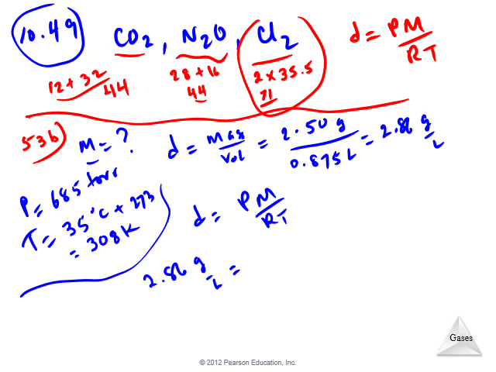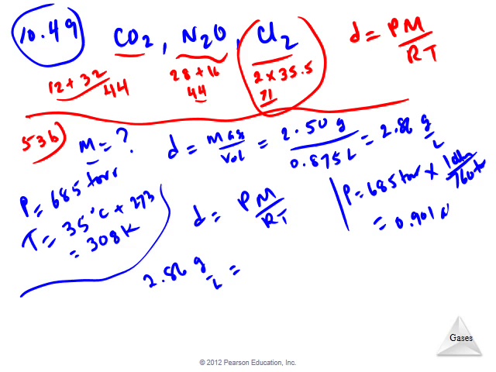So let's change 685 torr to atmosphere. 760 torr makes 1 atmosphere, and this gives you 0.901 atmosphere.